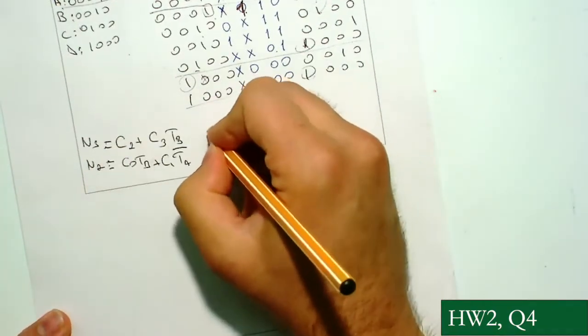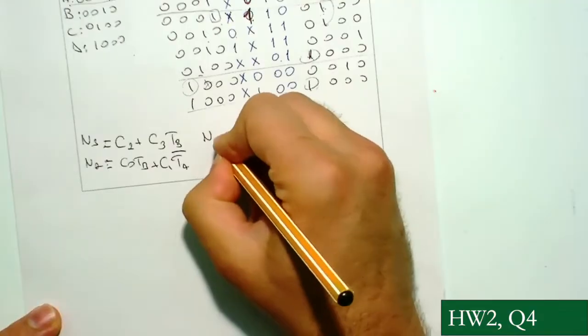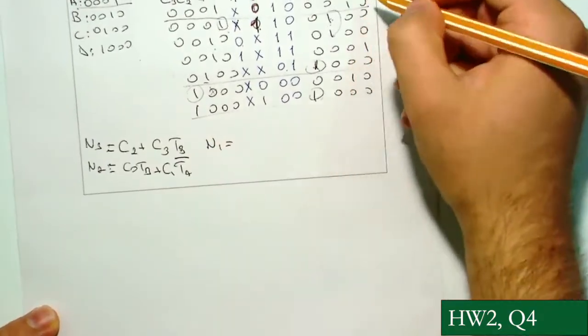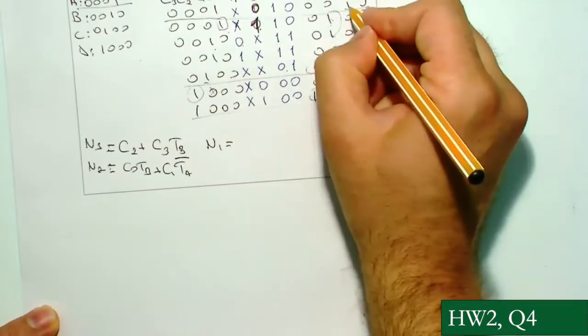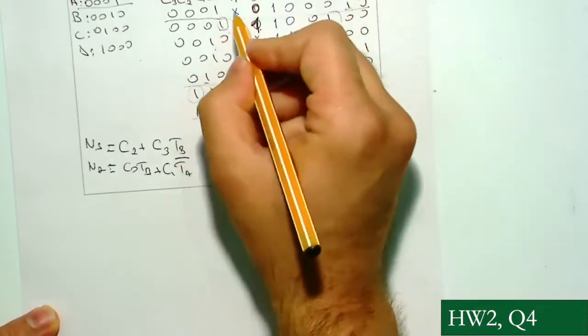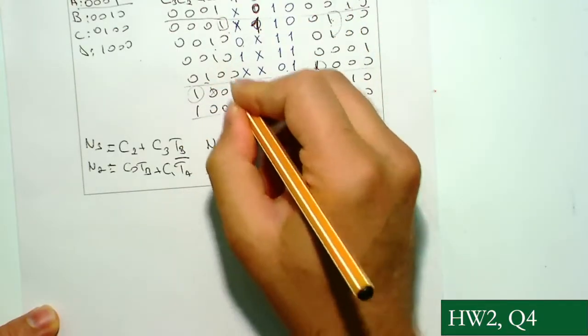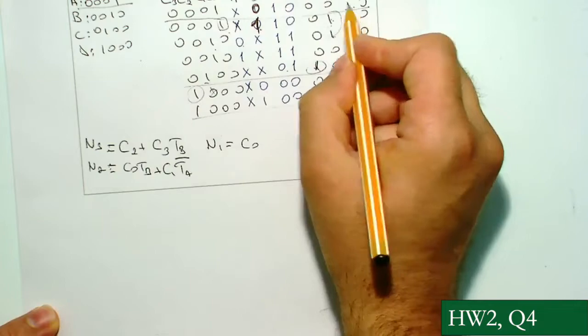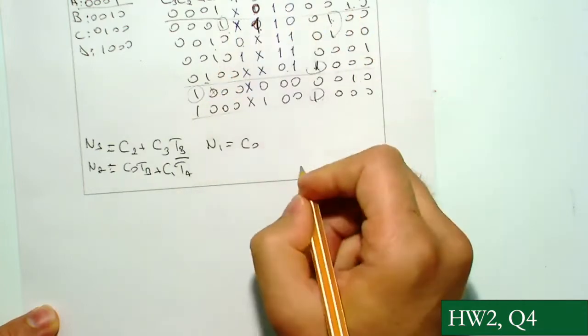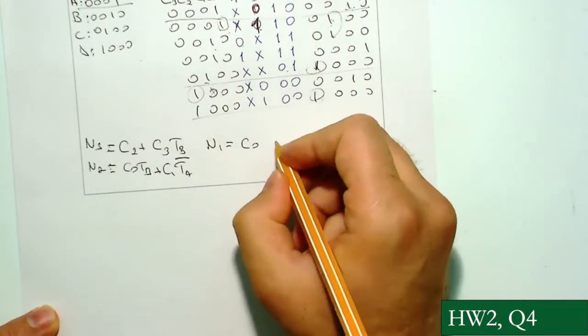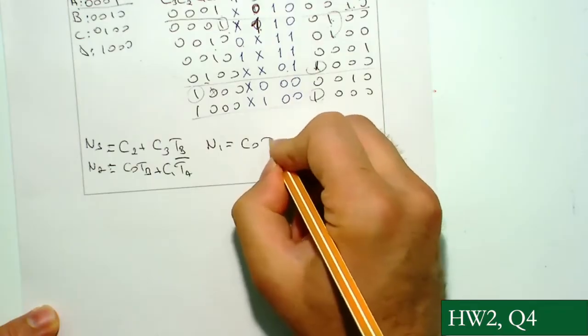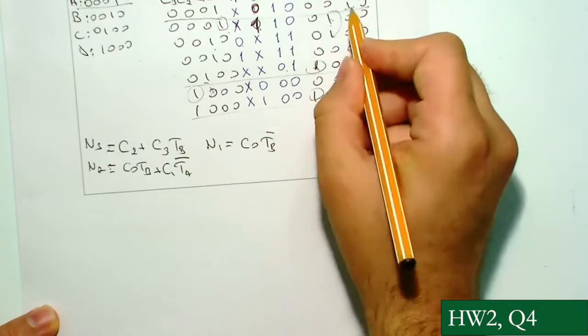So for N1, I have here N1 is 1. This means that C0 is 1, and TB is 0. Okay.